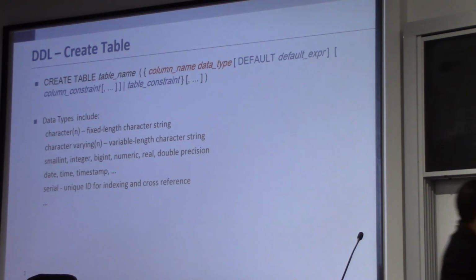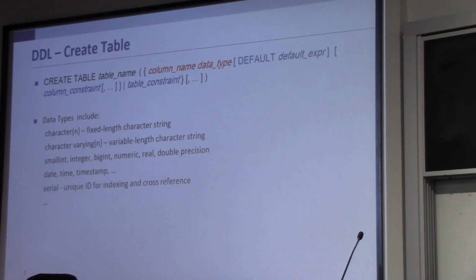So when I say character array, which is char 20, for example, what that gives me is a character array of 20 characters. So that's a string of 20 characters. And it's fixed length, which means regardless of the actual value, what goes into this column will occupy 20 bytes.